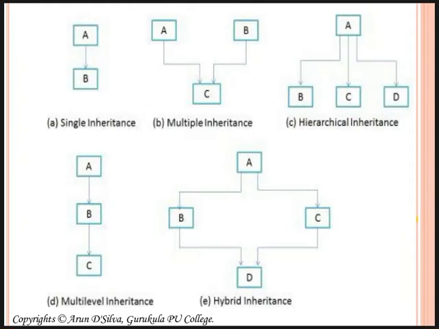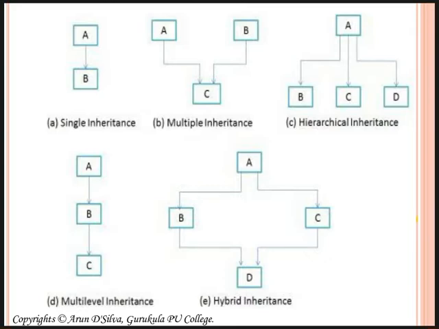Just a pictorial idea for you of what mainly comes in this chapter. Of course, I have here 4-5 pictures that I kept in front of you. That is about single inheritance, multiple inheritance, hierarchical inheritance, multi-level inheritance, hybrid inheritance.